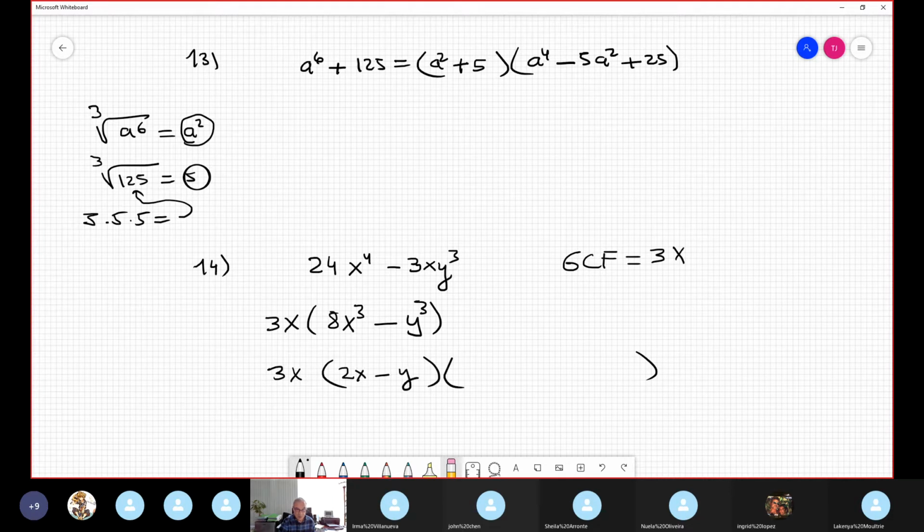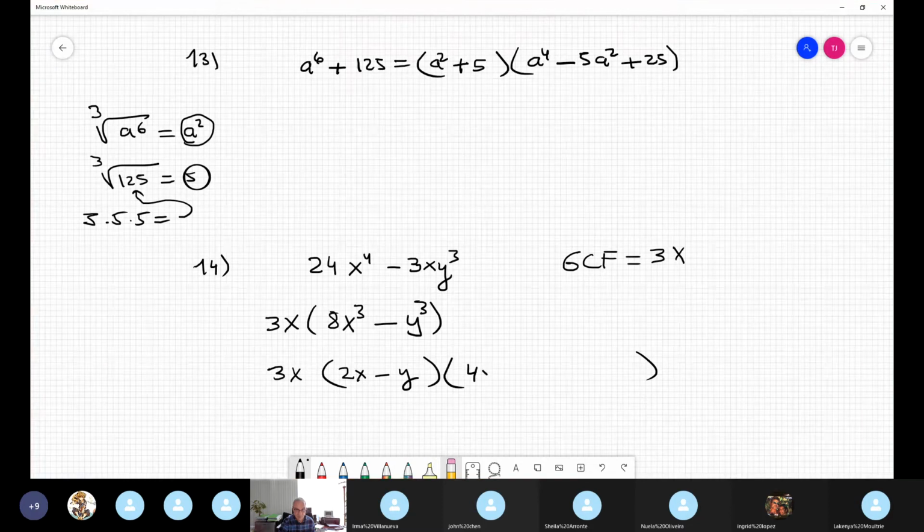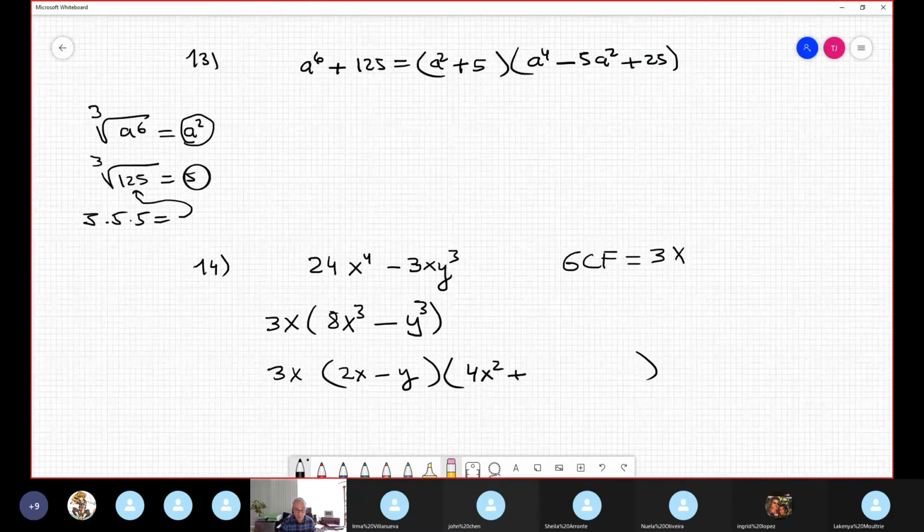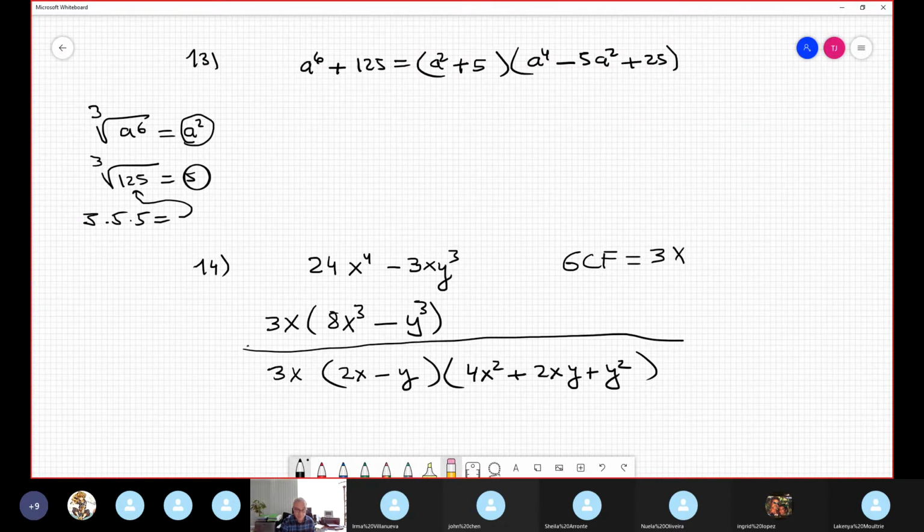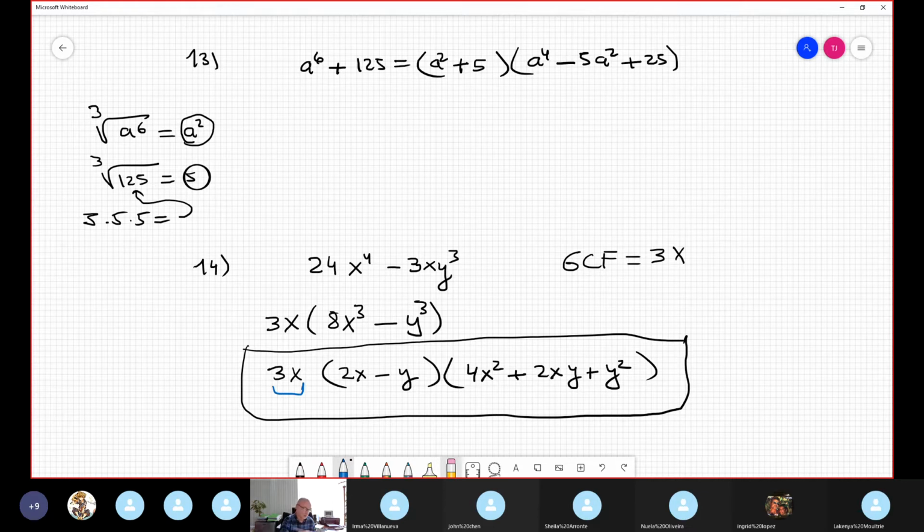Then square this, 4x squared, plus the multiplication of both, 2xy, plus y squared. Finished, that is the final answer. In this case, it was a combination: GCF first, this 3x was the GCF part, and the rest was applying the difference of cubes.